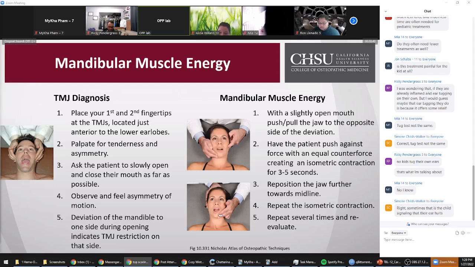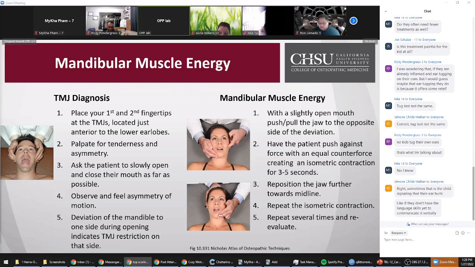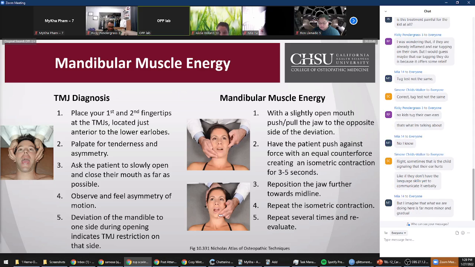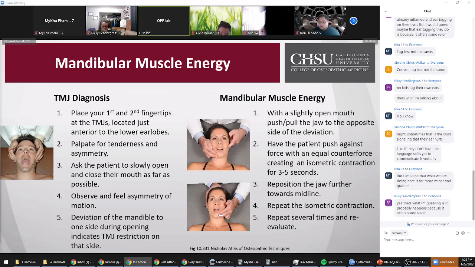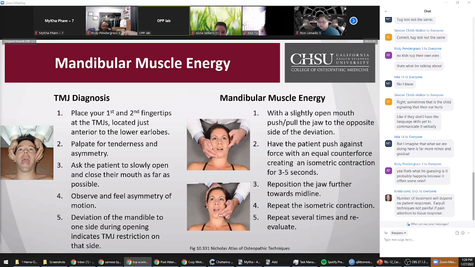So when someone opens their mouth, you're watching to see, does that jaw deviate to one side when they open? Is there tenderness or pain or popping on one of those TMJ joints? And then when they close their mouth, the same thing.